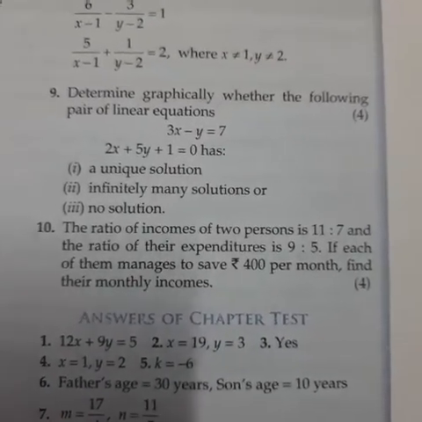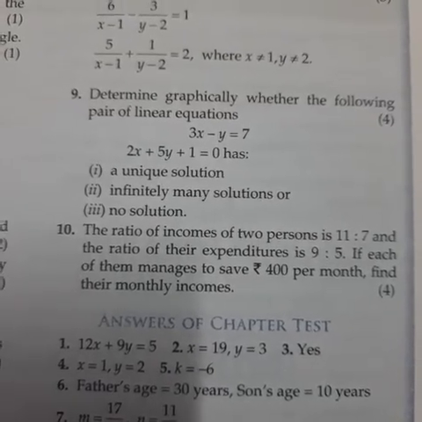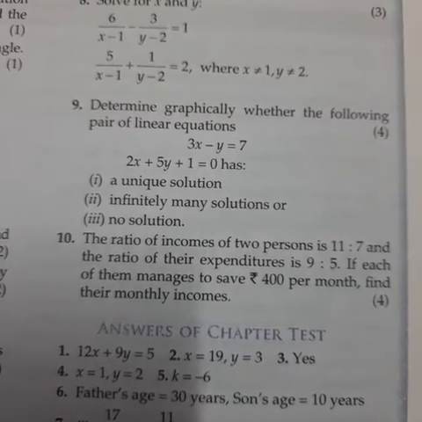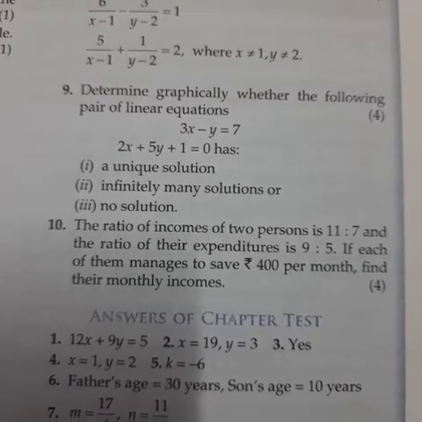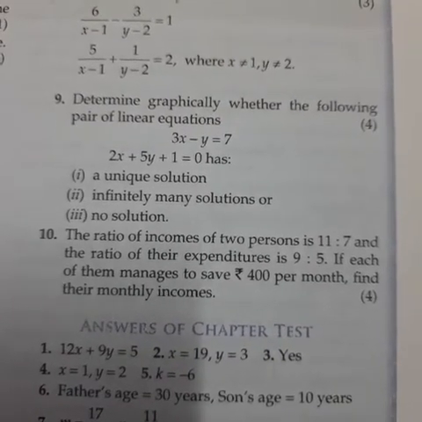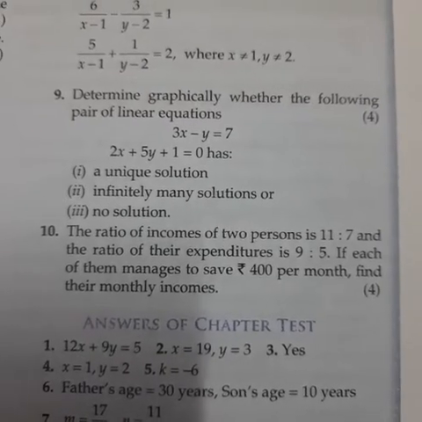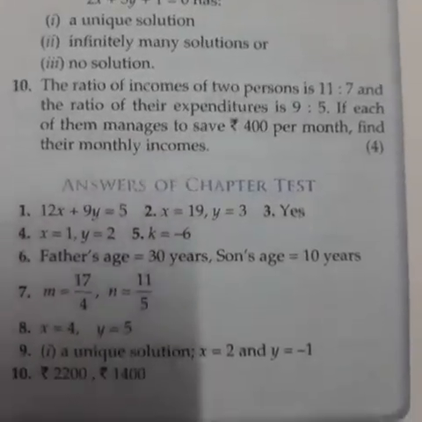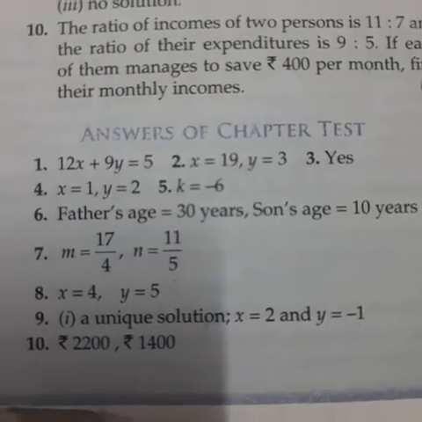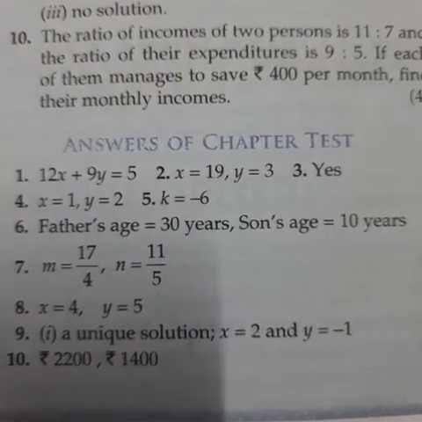So you have to check by the values of a1, b1, c1 and a2, b2, c2. Question number 10 is also a problem sum. Form the equation and solve it. And these are the answers of these questions. You can check your solution with the answers.